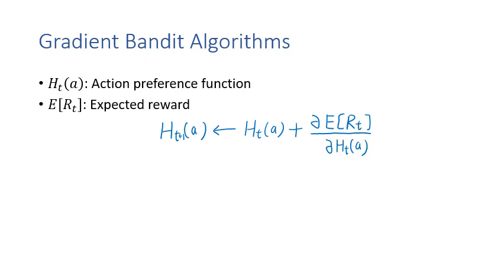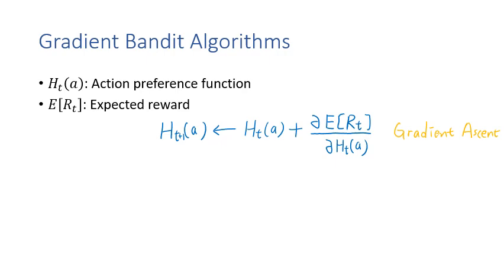So this derivative means that we will prefer the action that has larger relative probabilities. This is called gradient ascent.